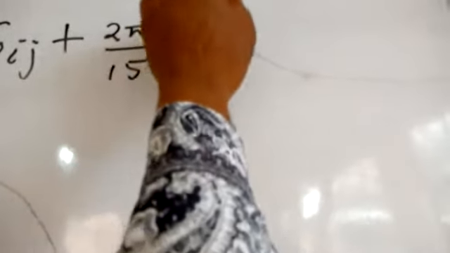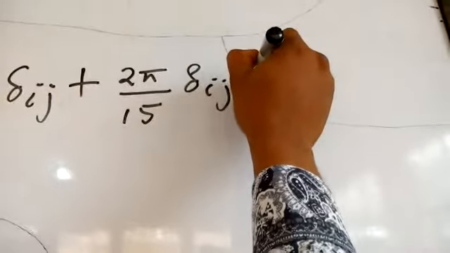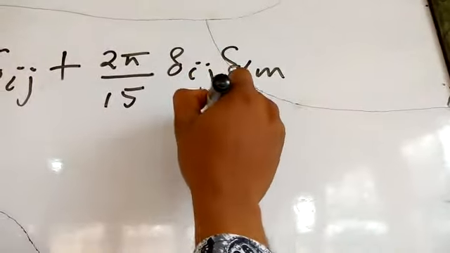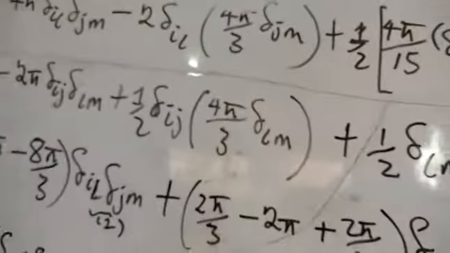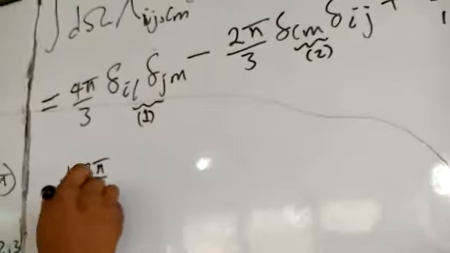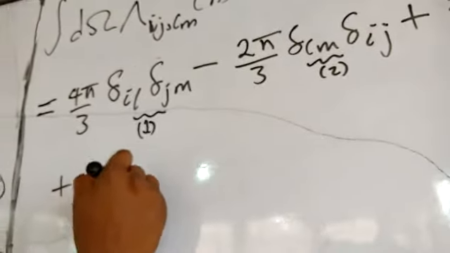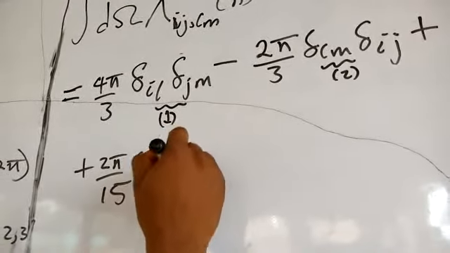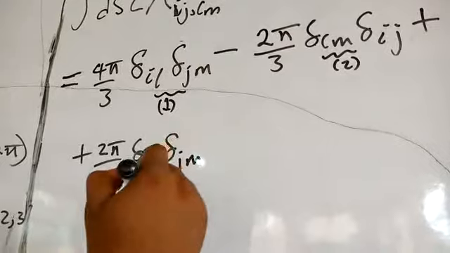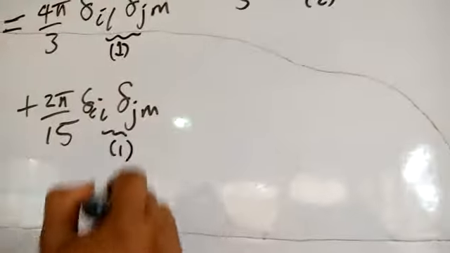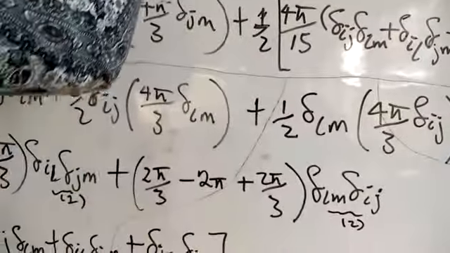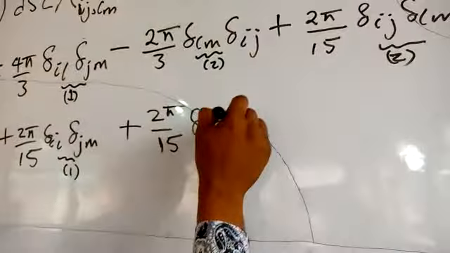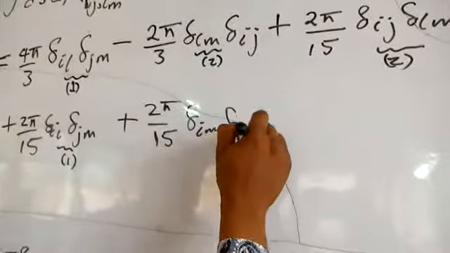So I'm going to open up this bracket, delta_ij, delta_im, and this I have called factor 2. And then the next one is going to be plus 2π all over 15 Kronecker delta_ii, delta_jm, and this factor I am going to call 1. And now, of course, the last term there is 2π all over 15 delta_im, and then delta_ji.